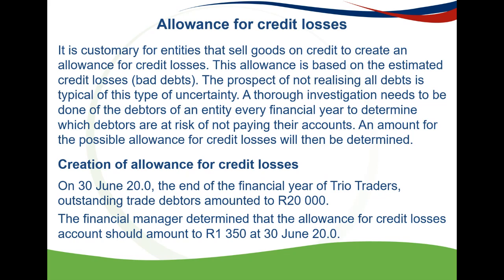But if we know that this specific debtor that owes us 10,000 will not be able to pay us, or there's a very good possibility, then we can't say our debtors is still 100,000 Rand. It's now 100,000 minus 10,000. So we must say the amount that we think we will get from our debtors will be 90,000 Rand.